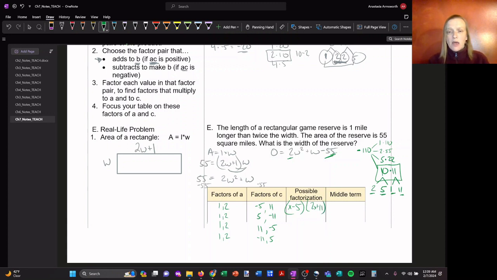This would be x plus 5 times 2x minus 11. Here we would have x plus 11 times 2x minus 5, and then we would have x minus 11 times 2x plus 5.